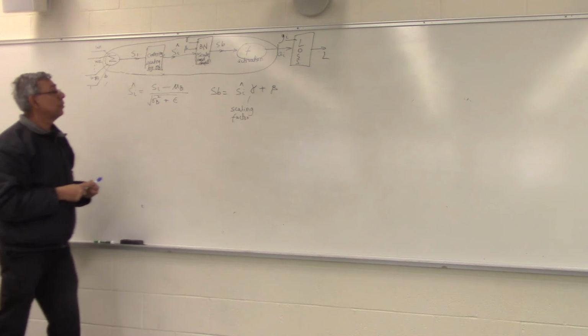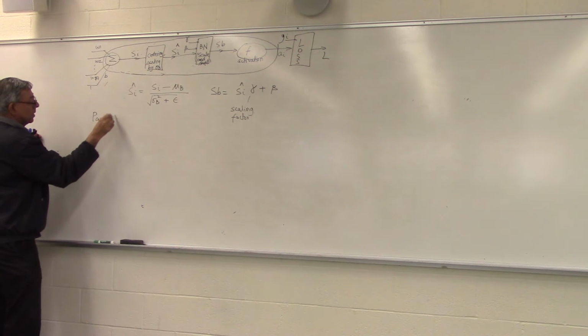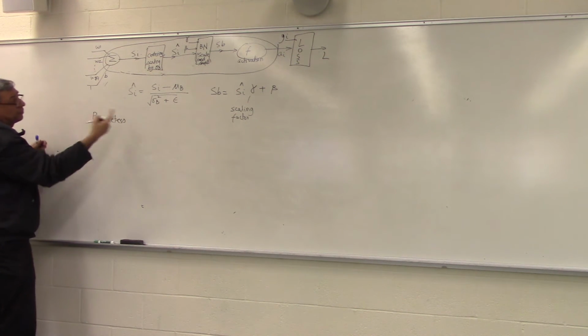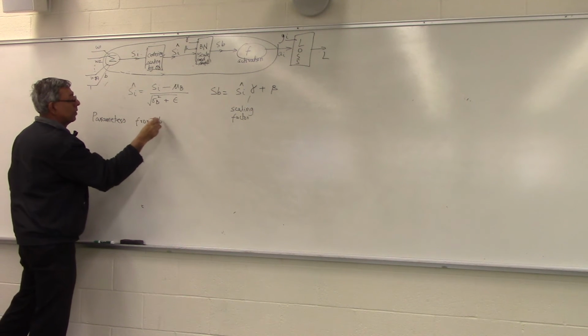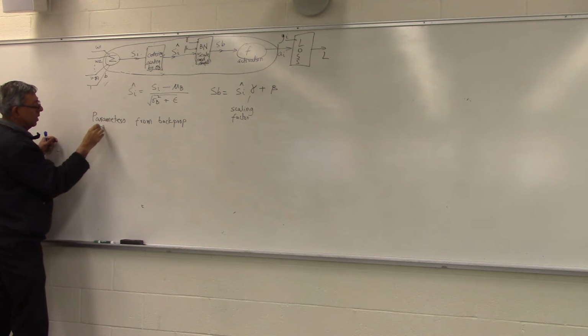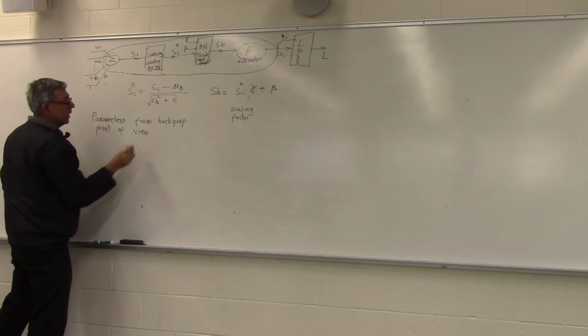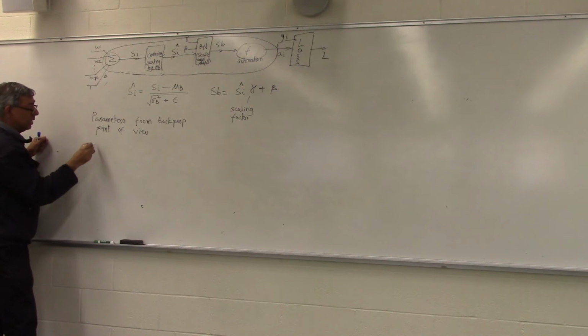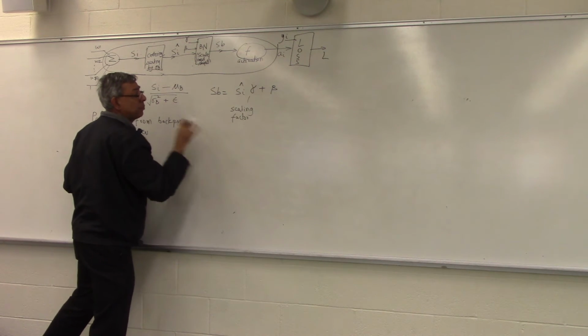Okay, so the parameters that we need to compute from a back propagation point of view are, so this gamma, beta are learned parameters.